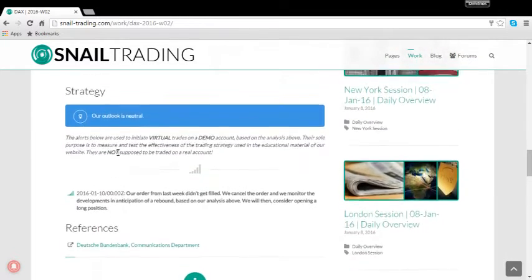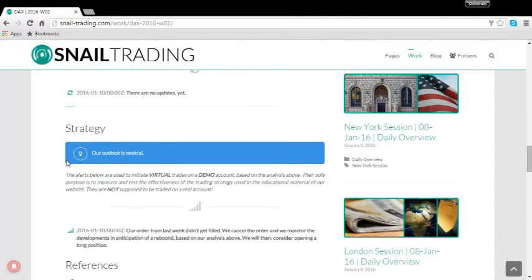And here is the strategy section, where we post signals with regard to the analysis for the best way to approach trading based on the reports.